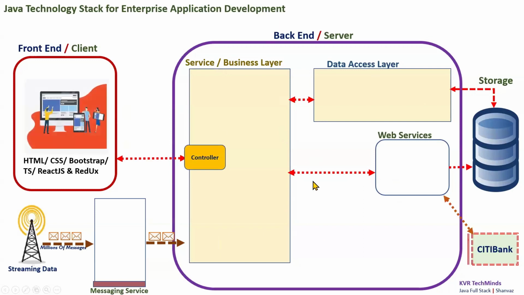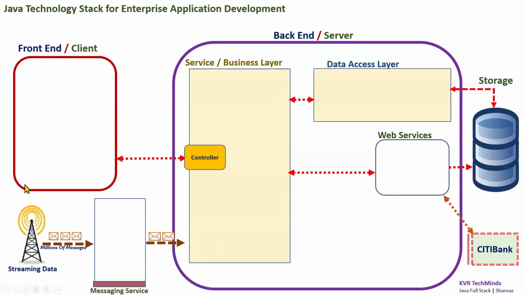These are the building blocks of an enterprise application. When you get a job and join an organization, you are going to develop Java applications, and the application architecture is this one. This is one block, this is another block, and another block.